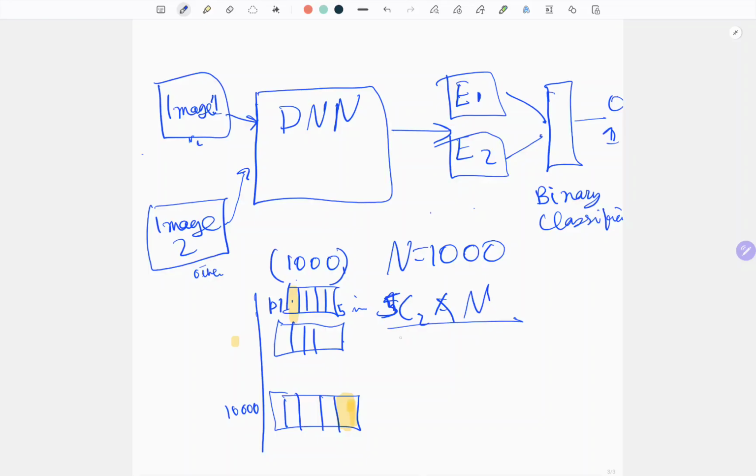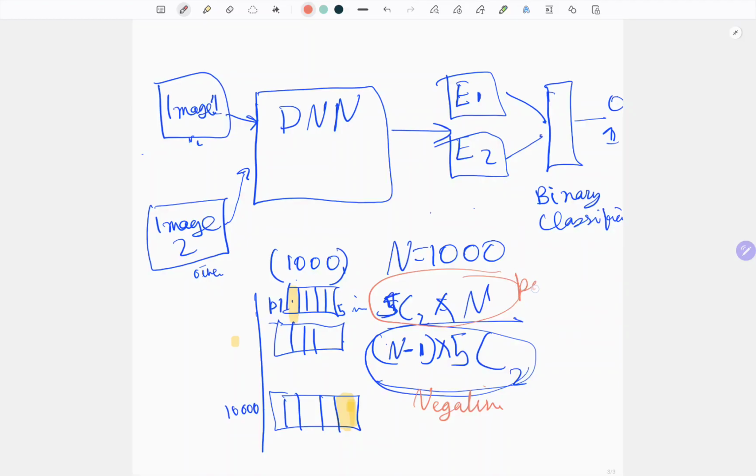For negative pairs, how many choices do we have? We have around n minus 1 out of n, into 5C2. So this will be the number of negative pairs, and this will be the number of positive pairs.